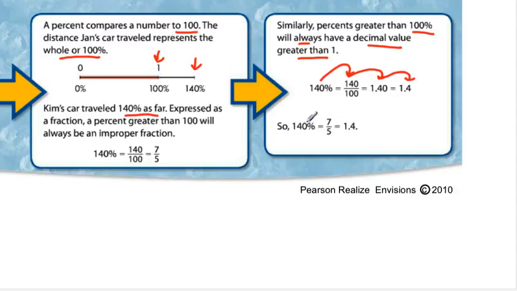So you can see where 140% equals the fraction 7/5 and the decimal 1 and 4 tenths. Anyways, let's take a look at some other examples.